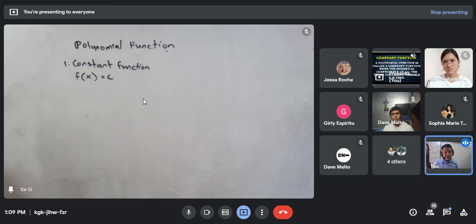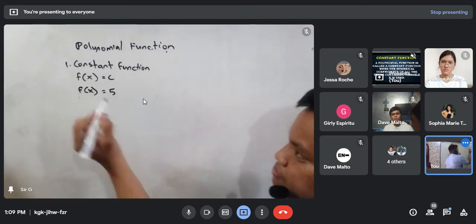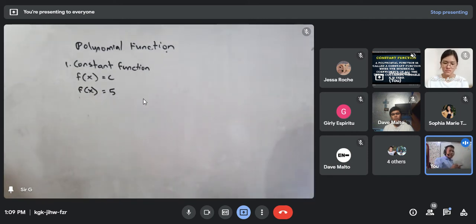Yung kanina yung 5, always a whole number. Maaring negative, maaring positive. Example ng constant natin is 5, 10, 15, 1 million, basta whole number siya. Nakukuha po ba? Hello?